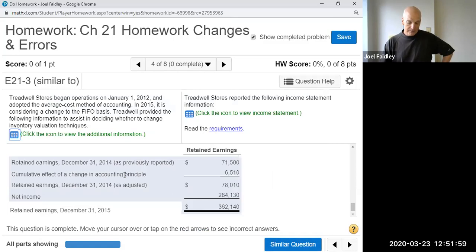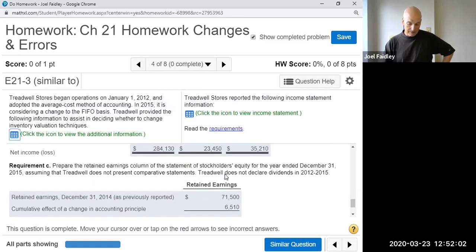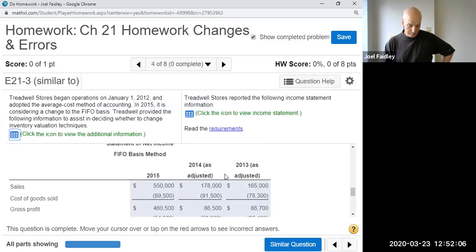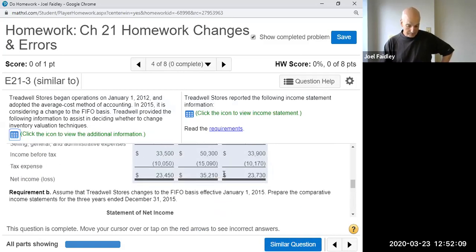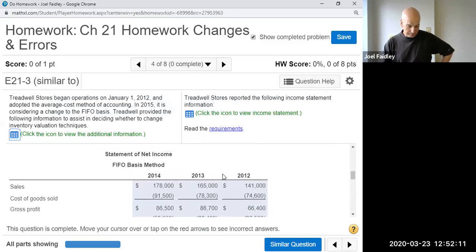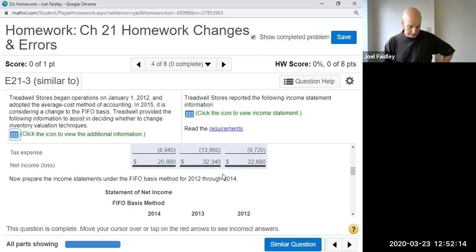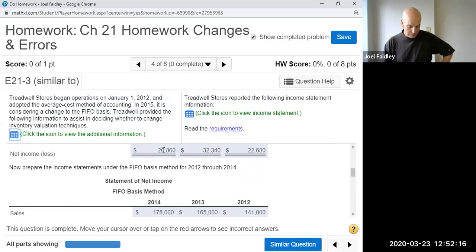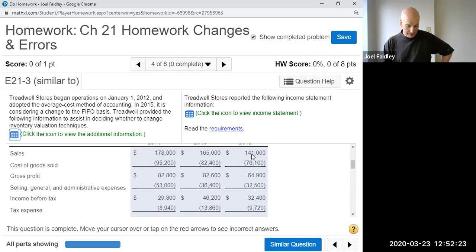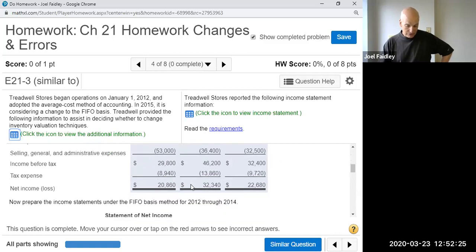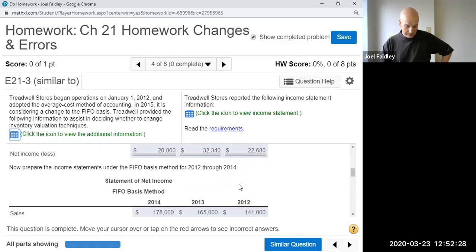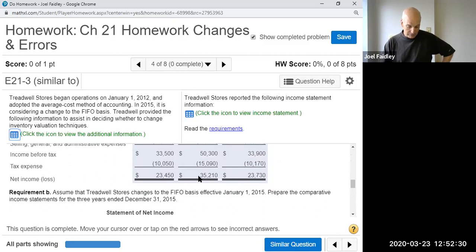What's the cumulative effect of this change in accounting principle? Well, let's go right back up here and see. 65.10. You have to take the difference: if you add up all three of these, 20,860, 32,340, 22,680, and compare that to the average cost method, which you were on, the difference between that and 23,450, 35,210, and 23,730.